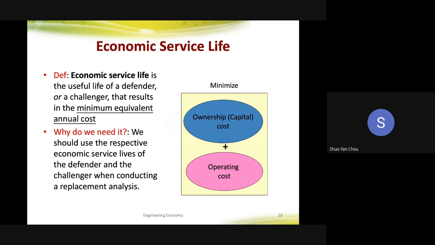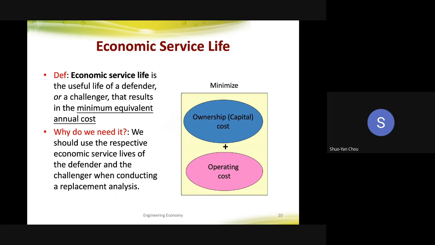Another important notion is economic service life. Then we'll make the problem a little bit more realistic and a little bit more complicated. We all know that with a machine, we have an initial purchase and we have operating cost.